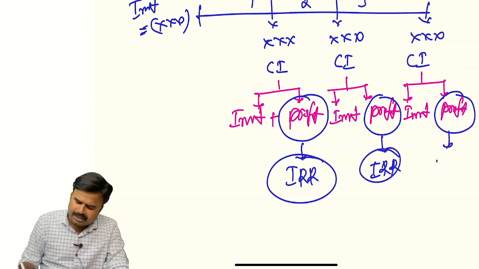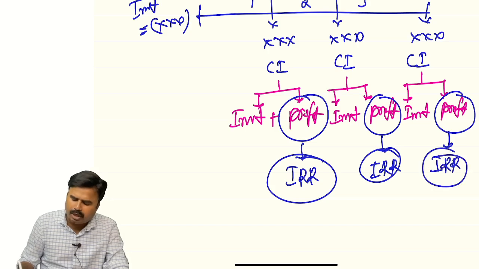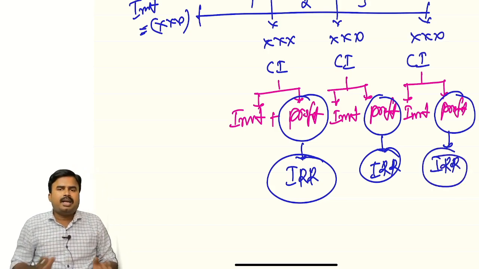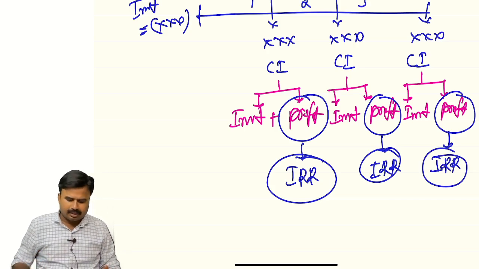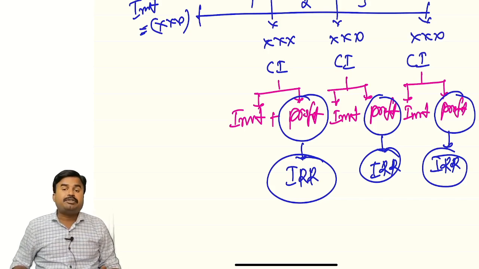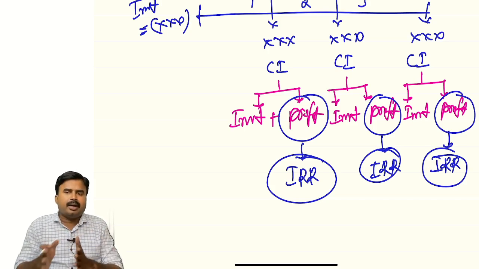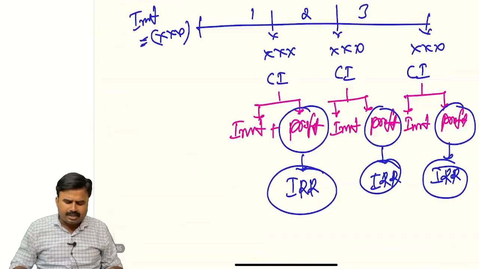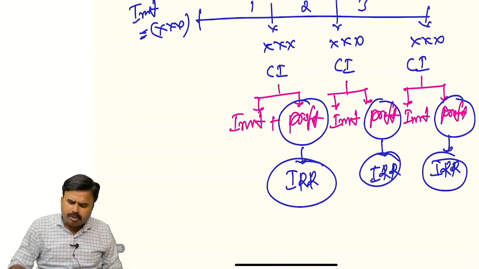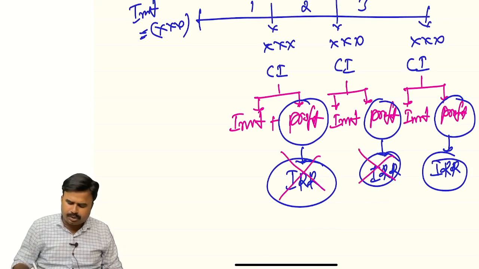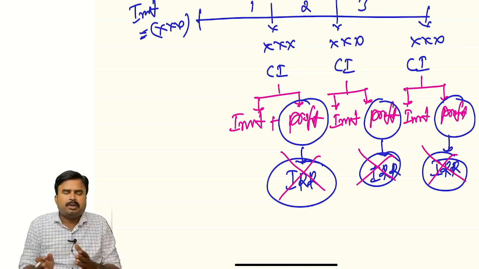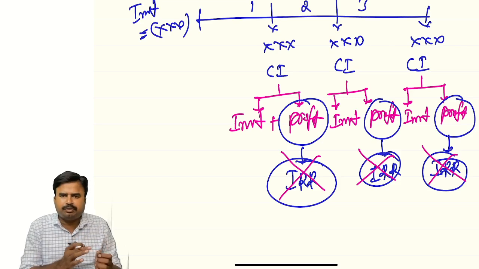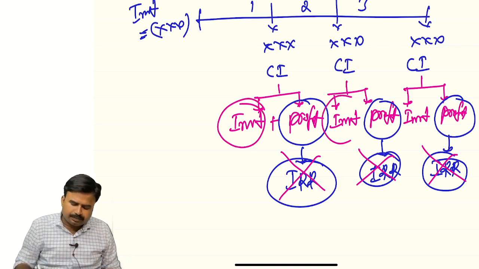So in simple words, your future cash inflows are loaded with two components. One is your investment, the other is your profit percentage, which is technically known as IRR. So if you remove this profit percentage, nothing but IRR, from the future cash inflows, then the balance discounted value, nothing but the present value of such cash inflows, should represent your investment.